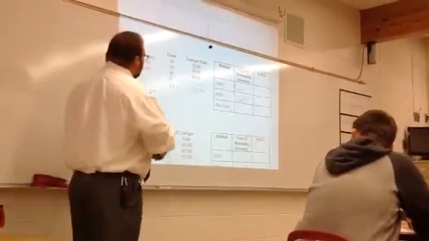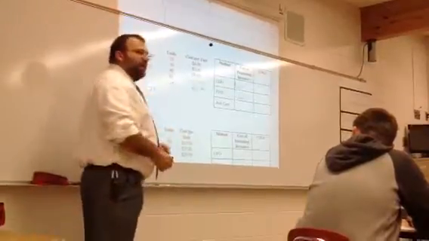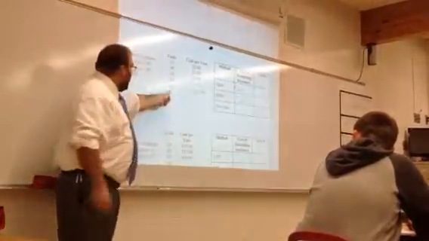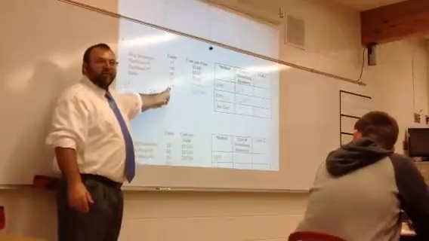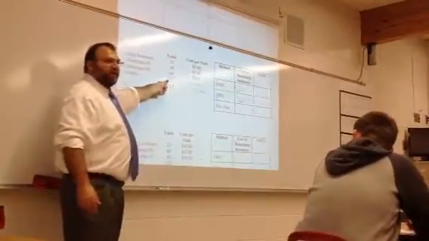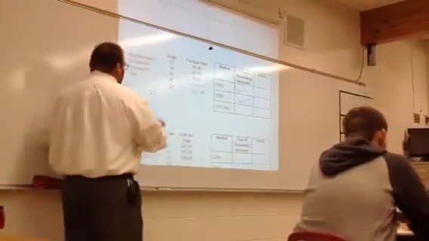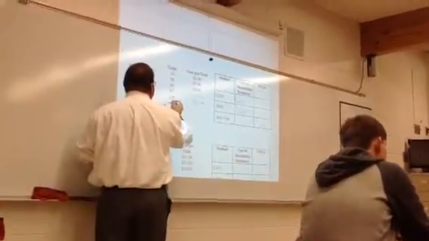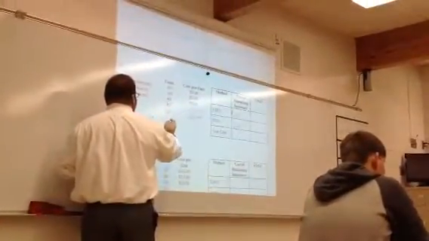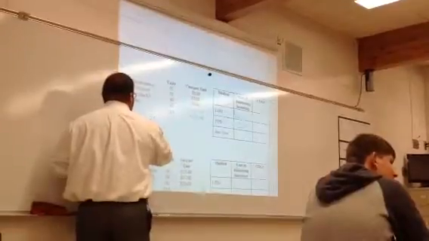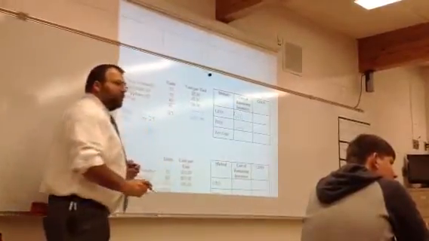Now, we're calculating cost of remaining inventory, right? We had a total of 125 units in inventory. We sold 85. 125 minus 85, 40. We still have 40 units left in inventory.